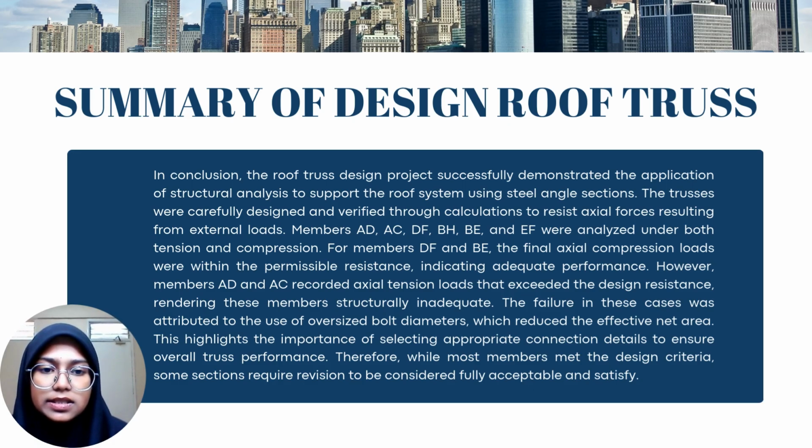The failure in these cases was attributed to the use of oversized bolt diameters, which reduced the effective net area. This highlights the importance of selecting appropriate connection details to ensure overall truss performance. Therefore, while most members meet the design criteria, some sections require revision to be considered fully acceptable and satisfied.